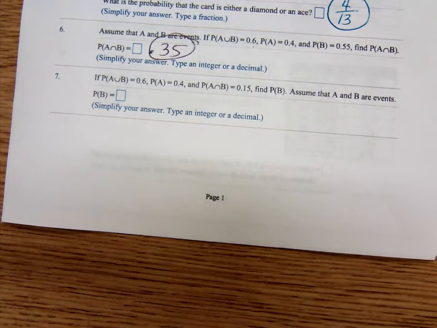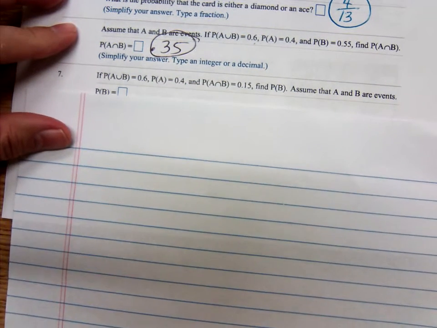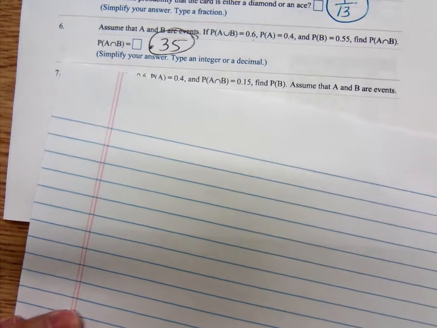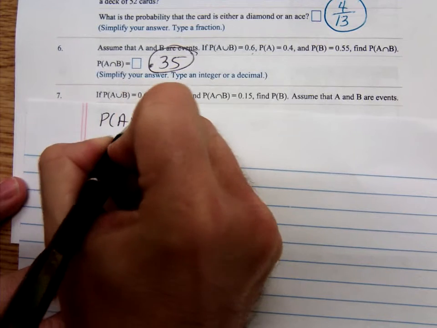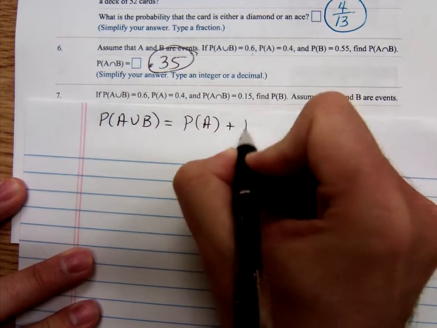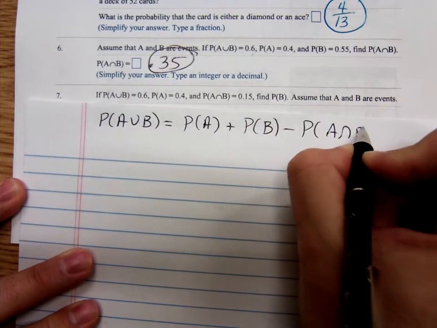Let's see. Number 11 is another similar problem. Let me go ahead and write down that fundamental rule. The probability of A union B is the probability of A plus the probability of B minus the probability of its intersection.